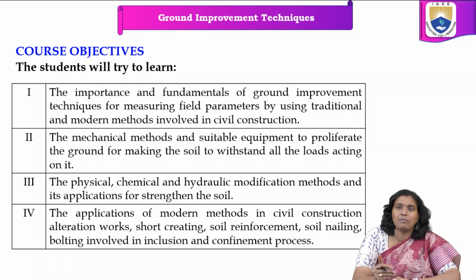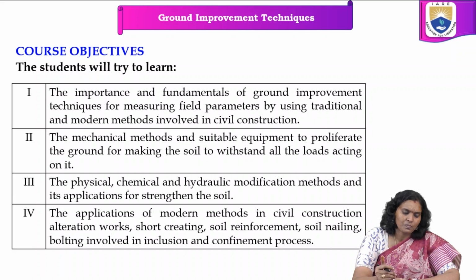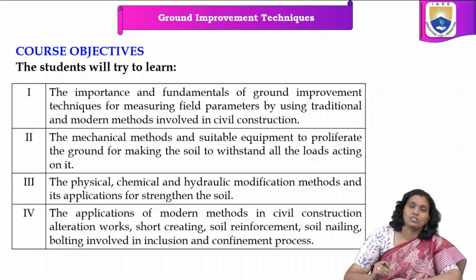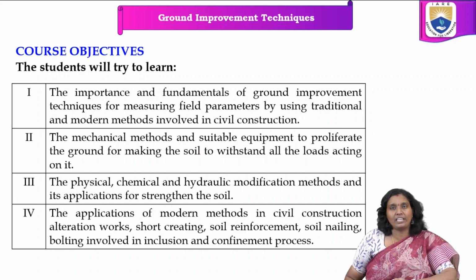The physical, chemical and hydraulic methods and their application for strengthening the soil is another course objective. Then, the applications of modern methods in civil construction, alteration works, shotcreting, soil reinforcement, soil nailing, and bolting involved in the inclusion and confinement process. These are the course objectives which we are going to learn in ground improvement techniques.